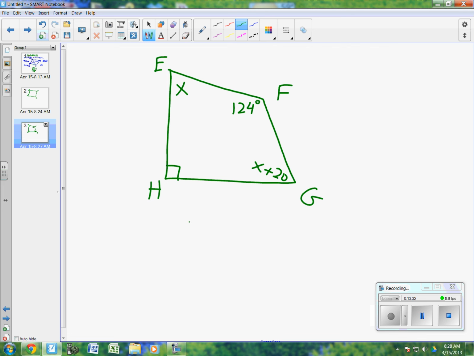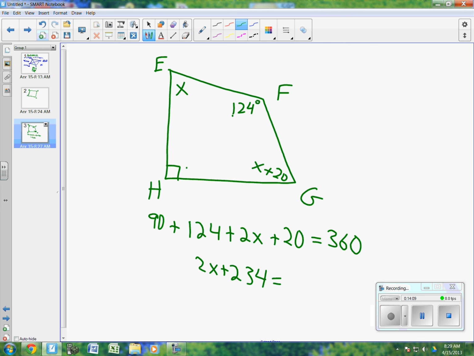Okay, say that again, Audrey. You forgot one. Plus 90 equals 360, right? All Audrey is doing is adding up the angles. 90 plus 124, these two right here, this one and this one. And x plus x plus 20 makes 2x plus 20. And all we have to do is add 90, 124, and 20. What does that make? 234. So 2x plus 234 equals 360, right?